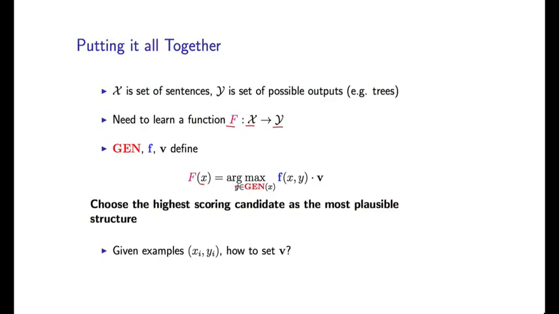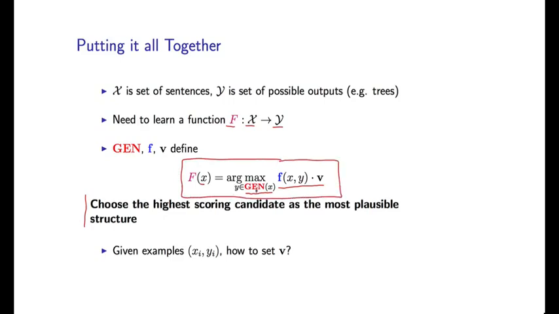We simply search for the y in the set of candidates GEN(x) that maximizes the score I showed you on the previous slide. And so it's really a very simple idea. We simply choose the highest scoring candidate as the most plausible structure.